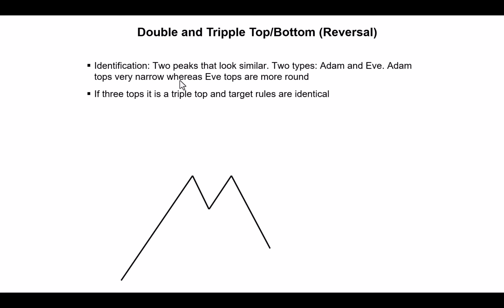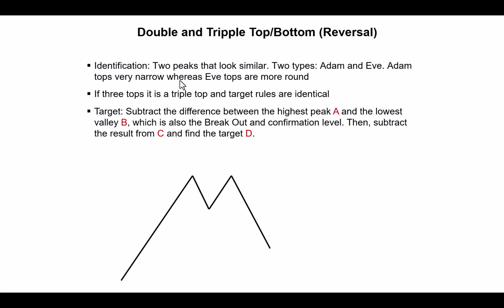So what are the rules? Well, first of all, here we have a double top. So how do we calculate the double top target? First of all, we identify two tops that are more or less at the same price, quite close actually. It doesn't have to be exactly the same price. Then we take the difference from the peak to the valley.